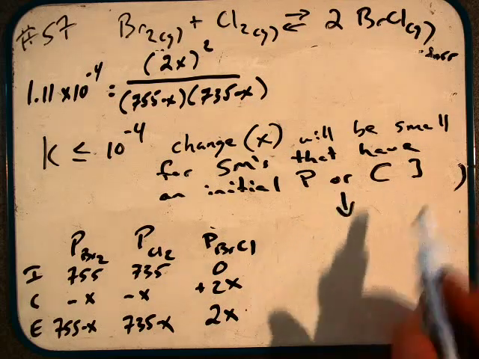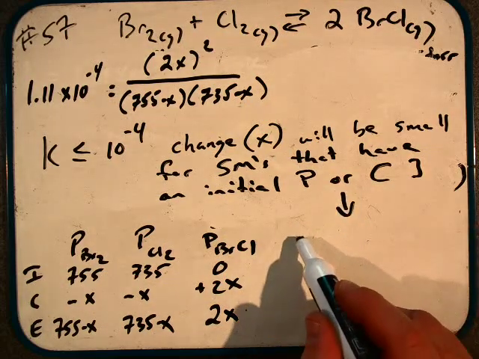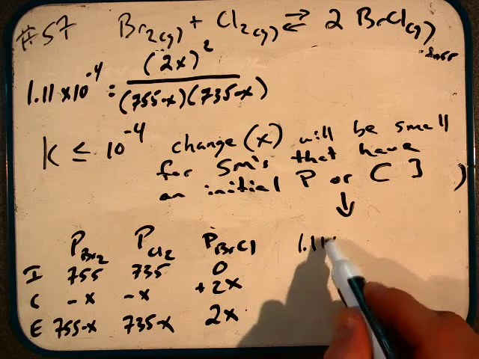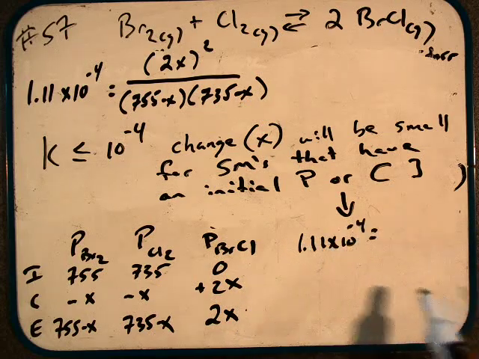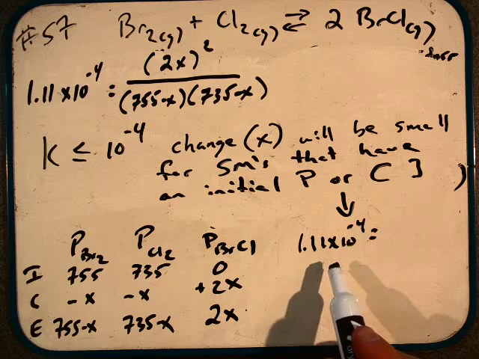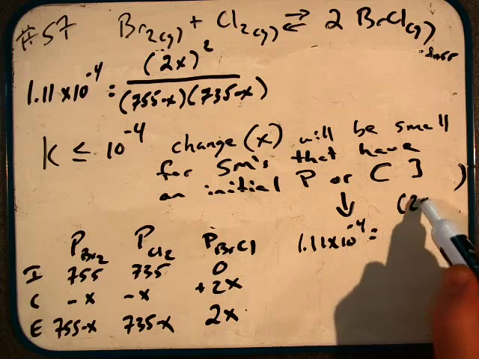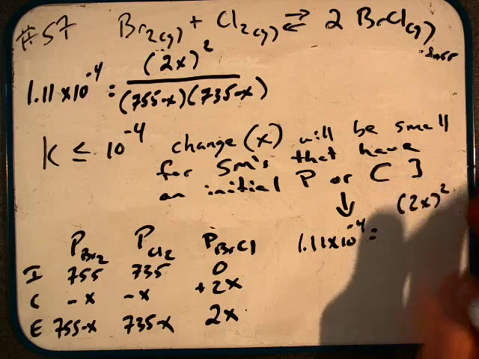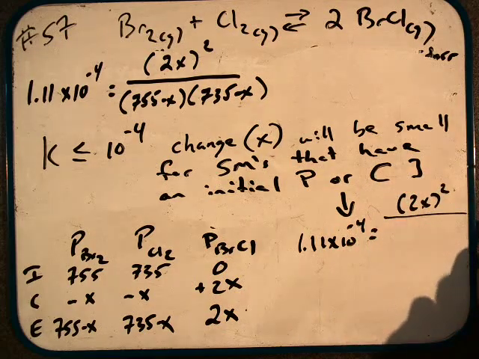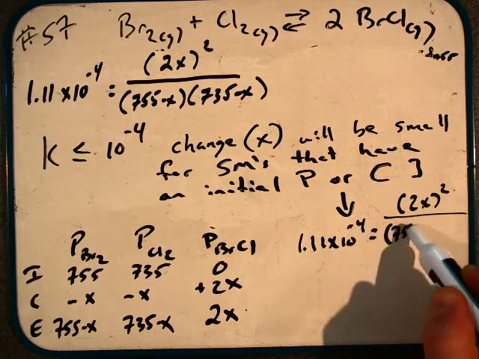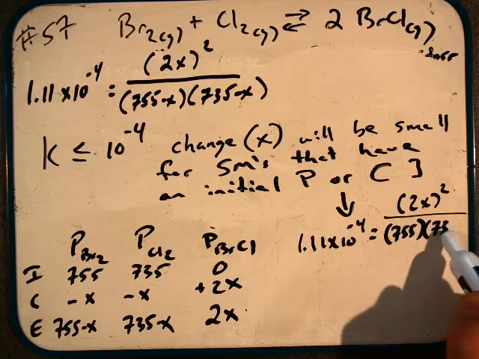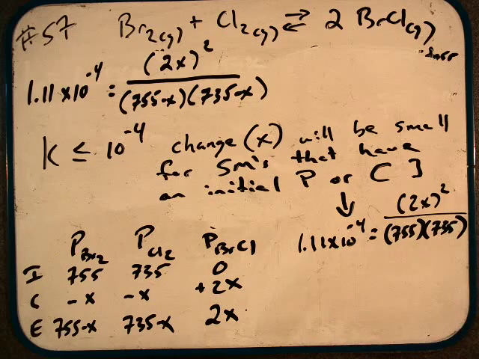And so as a result, our equilibrium expression simplifies, meaning that this equilibrium constant is going to be equal to still the 2x squared in the numerator, but in the denominator we are getting rid of the x value.